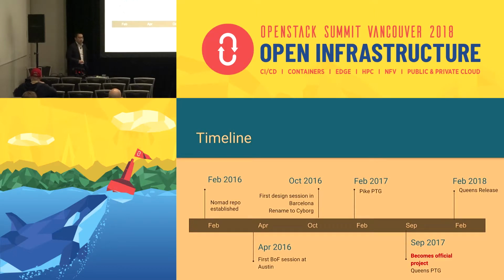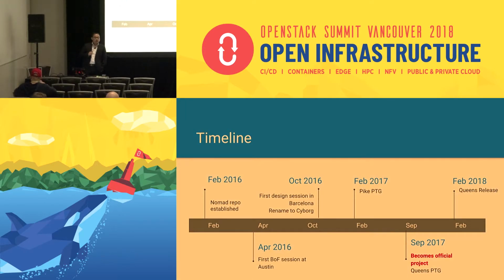In terms of timeline, over the last year, we started a project called Nomad. Then in Barcelona, we renamed the project to Cyborg. Cyborg became an official project later last year at the Queens PTG, in September.